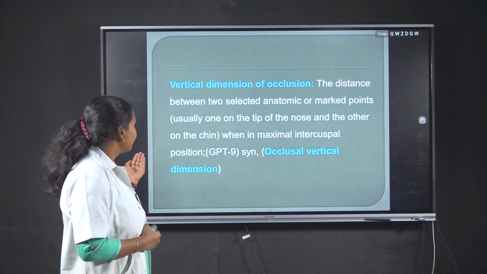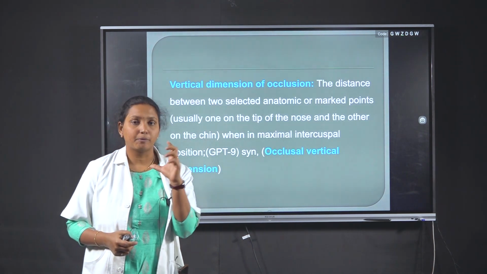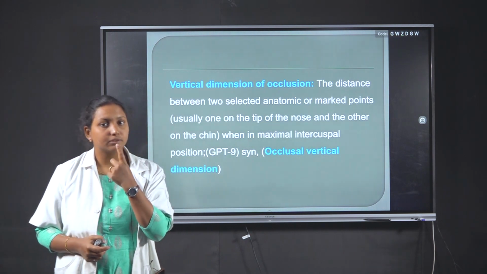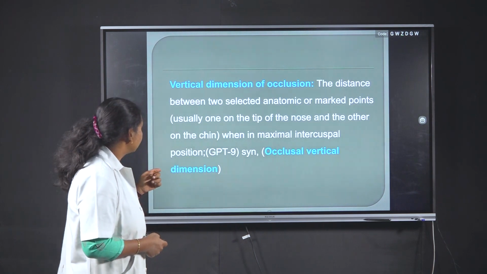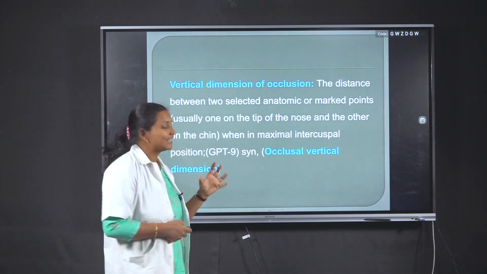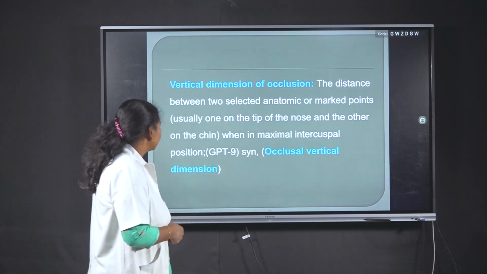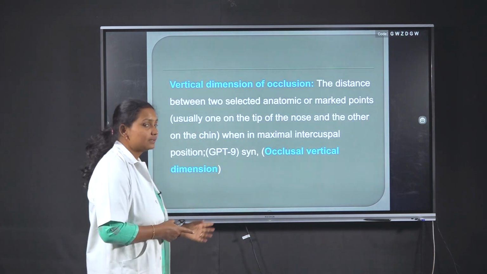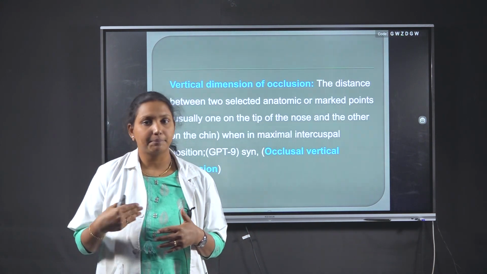For vertical dimension at occlusion, we measure two points from the tip of the nose to the chin at occlusion. This is called occlusal vertical dimension, where we record these two points at maximum intercuspal position.